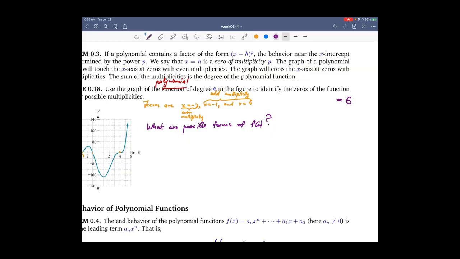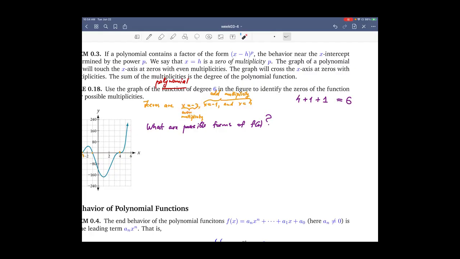One way to do this would be 4 plus 1 plus 1. So it could be that -3 is a root of multiplicity 4, -1 is a root of multiplicity 1, and 4 is also a root of multiplicity 1.